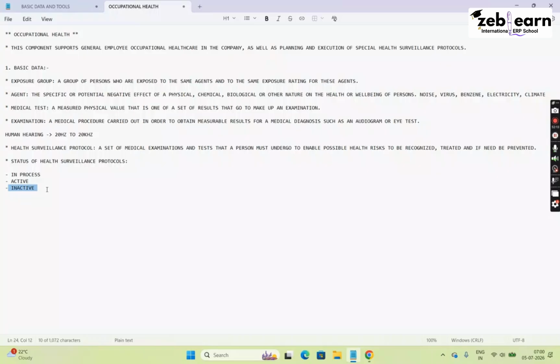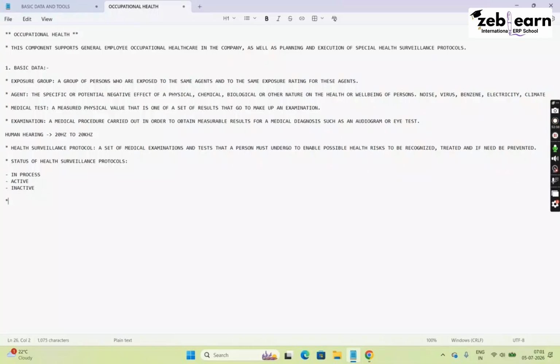It's inactive now. It is no longer available, so it is inactive. So like that, for any medical checkup, depending on whether it is currently available or not, or whether they are planning it, it will have a different status. So those are the three statuses we have for a health surveillance protocol.